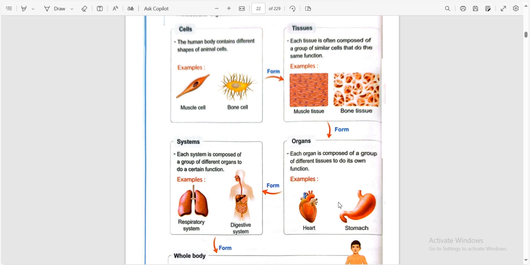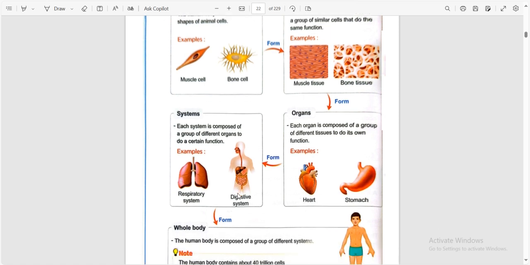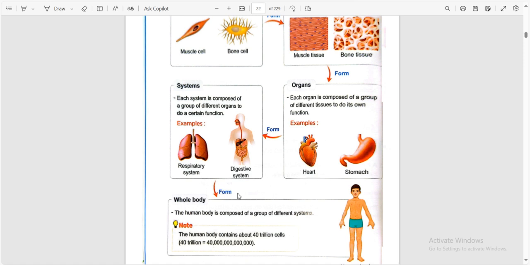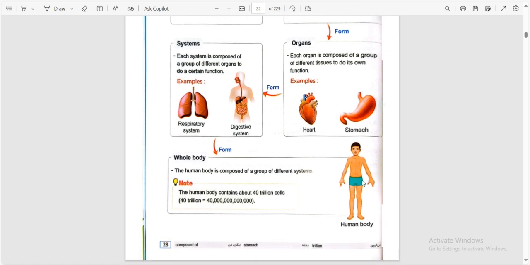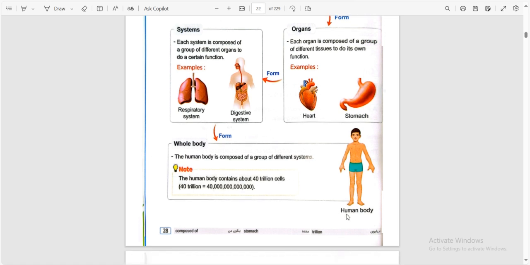For example, the stomach is part of the digestive system, and all the systems together make up a human body. And the human body has around 40 trillion cells, which is 40,000 billion cells. So it's a huge number, of course.